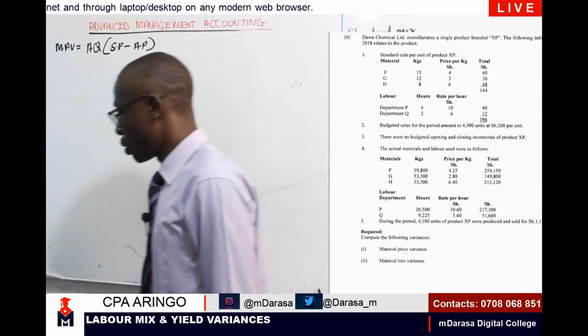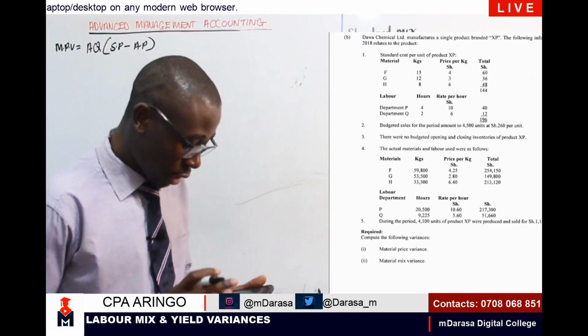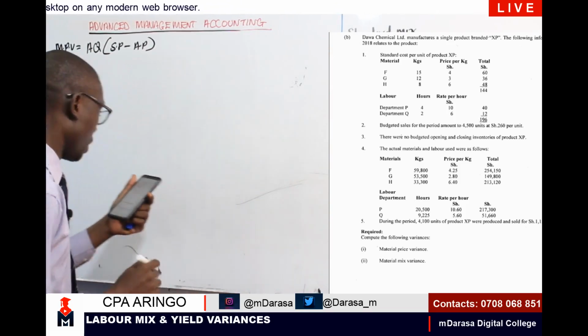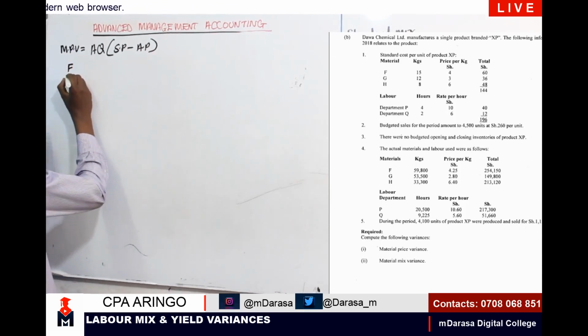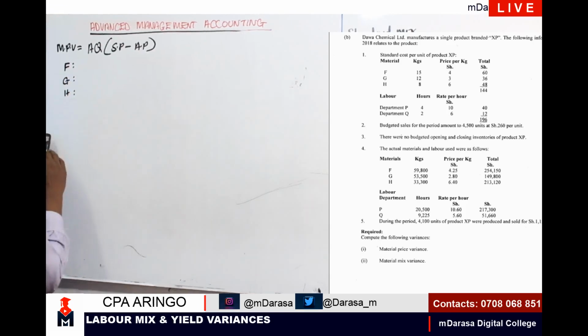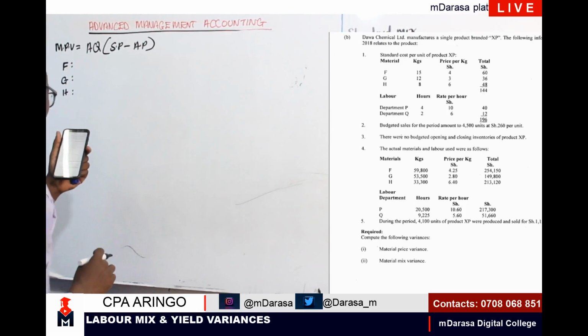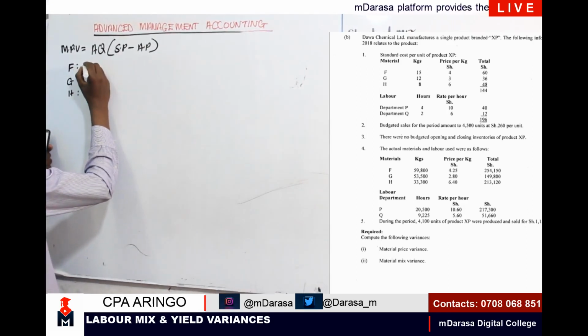So therefore, what will we be having here? If we check it out clearly, I'm having materials F, G, and H. So my material price variance at this point should be talking of actual quantity of material F. We are given how many kgs?